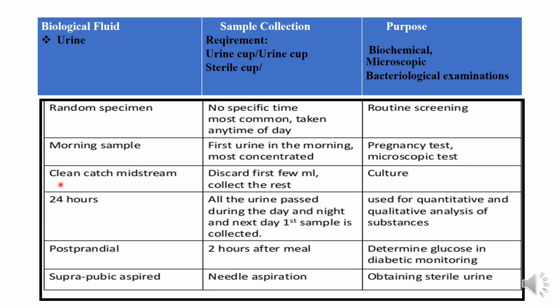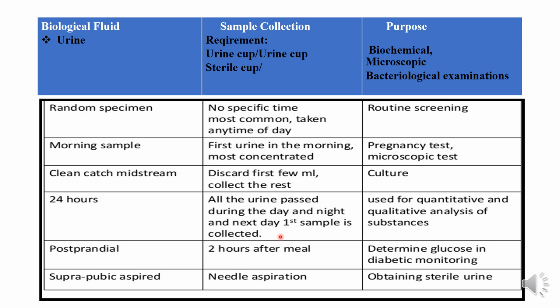The clean catch midstream sample is another urine sample in which the first few ml of urine are discarded and the remaining volume is collected, and generally this sample is used for culturing the urine. The next sample is the 24-hour collection, in which the entire urine sample that is passed throughout the day and night and the next day's first sample is all collected in a single container.